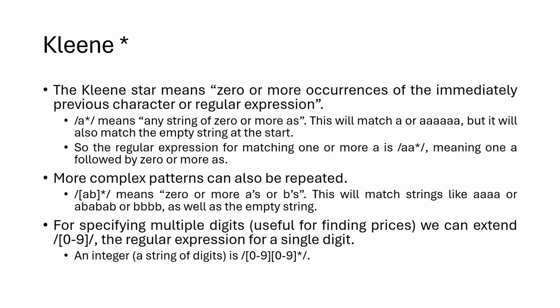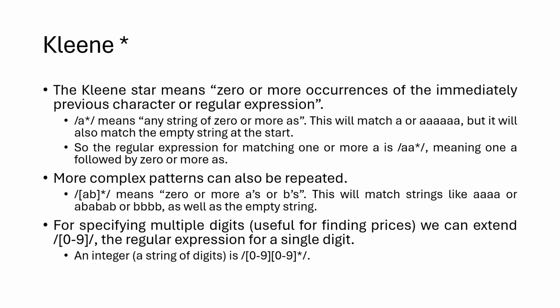Now we will discuss the Kleene operator. Kleene star specifies that the search is directed to match 0 or more occurrences of the characters immediately following the character that you specify or the regular expression that you give. So for example, A star means any string of 0 or more A's.